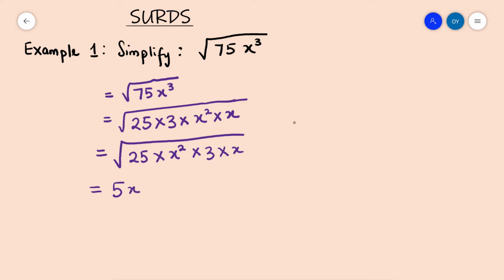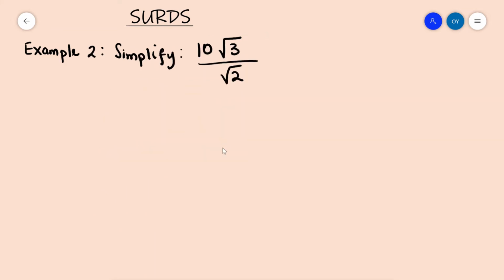So the rest we leave in the square roots. So this becomes 5x root 3x. So the square root of 75x cubed is 5x root 3x.